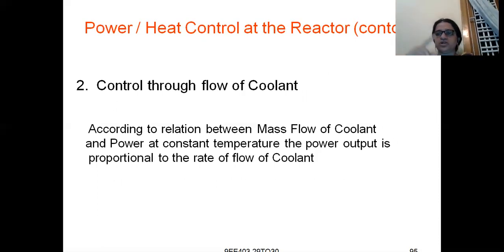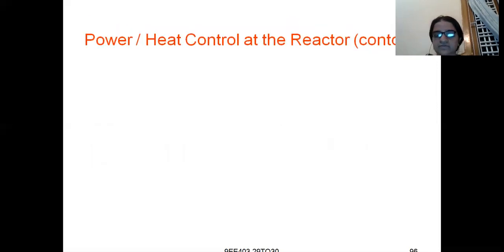The more power that is generated, the more it is proportional to the rate of flow of coolant. It means how fast the coolant is circulated, and that much power will be produced by making the coolant flow properly.